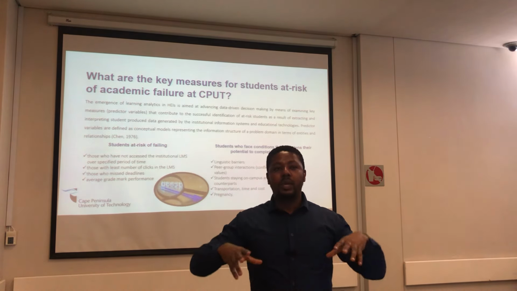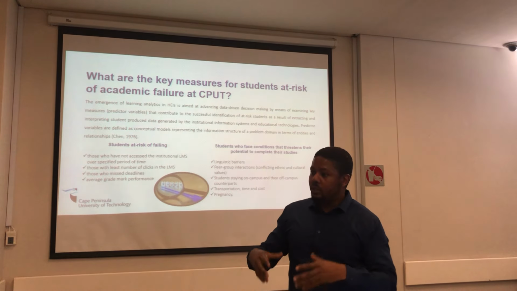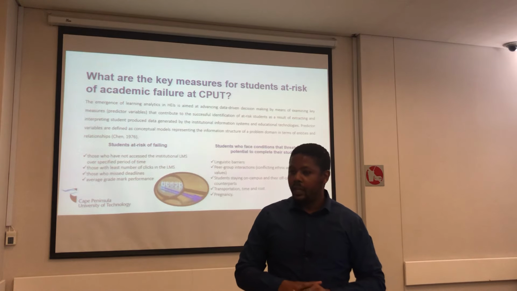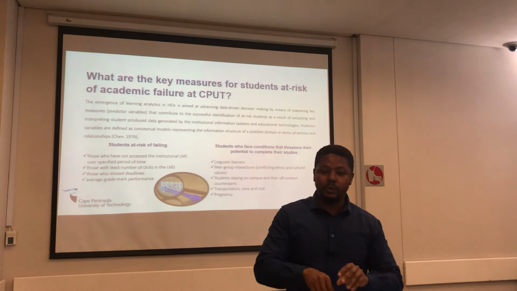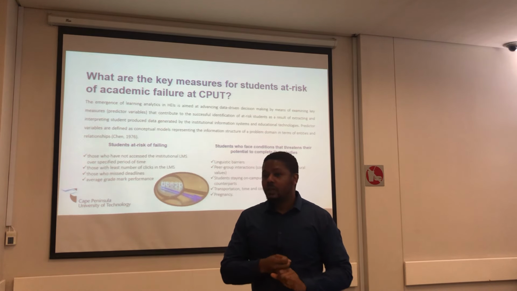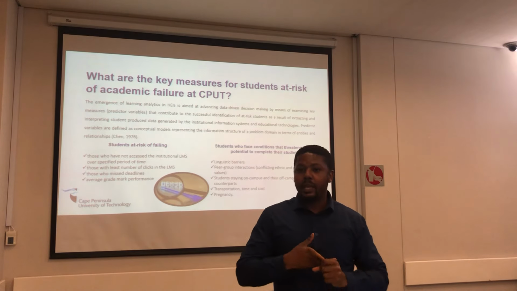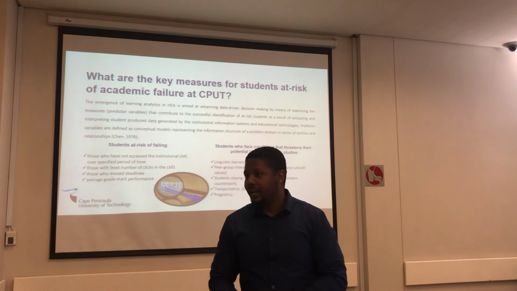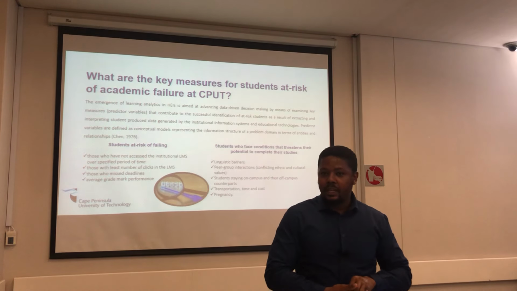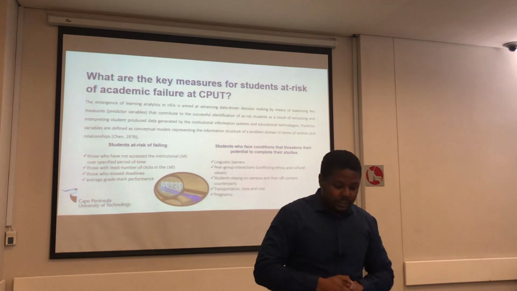So even though we identified the whole lot, we had to contextualize those so that they fit the CPUT students, all right? And also fitting with the CPUT student, we need to drill in terms of the institution itself, also within the faculties, departments, and down to the actual student. So the focus is more student-centered and based on their learning activities, all right?